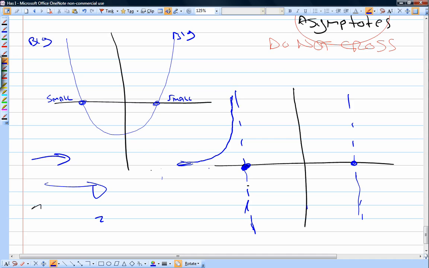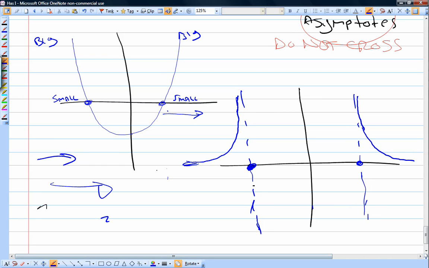Similarly here, okay, I have big values, or I'm starting with small. If I'm starting with small values and I'm getting bigger and bigger and bigger, that means the reciprocal starts with big values and gets smaller and smaller and smaller. Okay, this point is negative, so it'll stay negative, and it will move up closer to the x-axis.